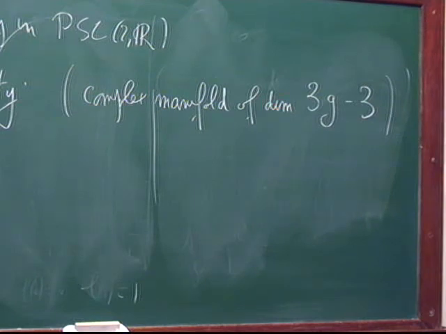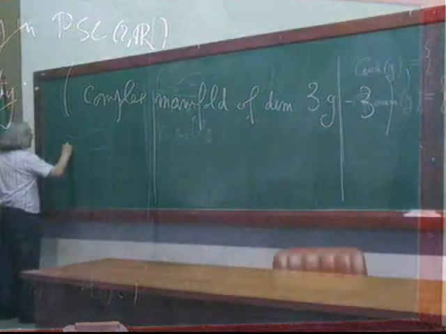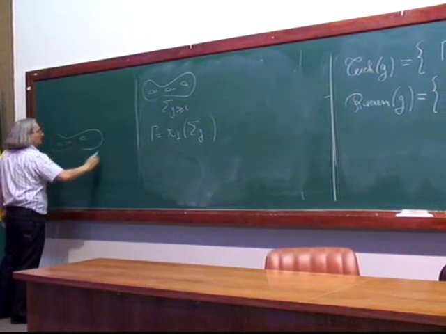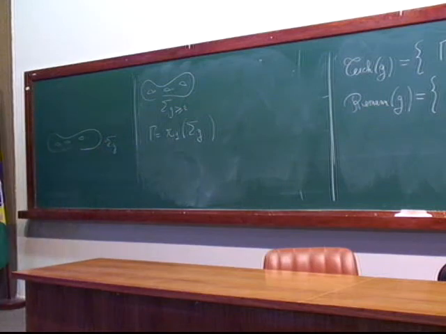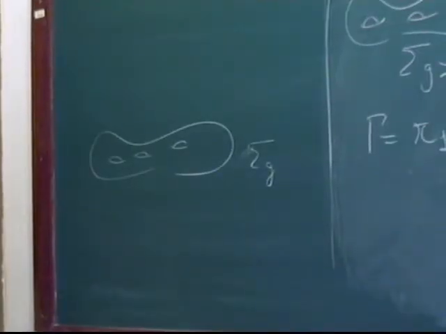You take a curve of genus G, and you assume you have a complex structure. So it's a Riemann surface.